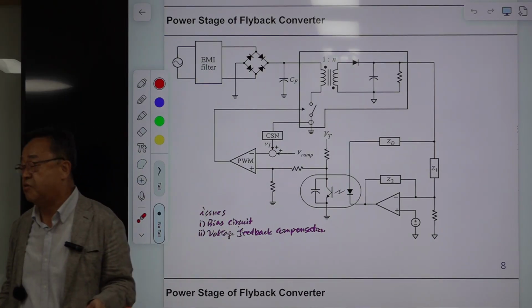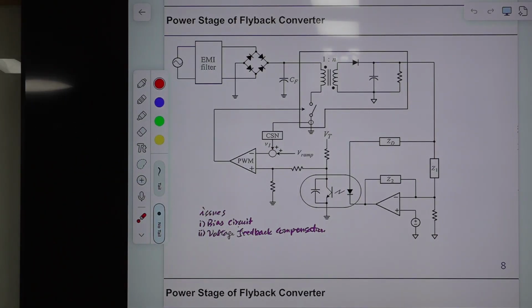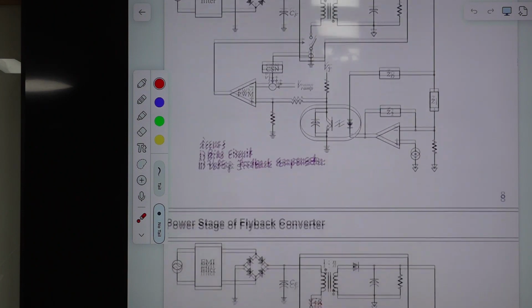That IC was very successful in the past, and LG developed this flyback converter and applied it to thousands of TVs. Maybe now they are using something else, but in the past this was a very popular and famous converter.